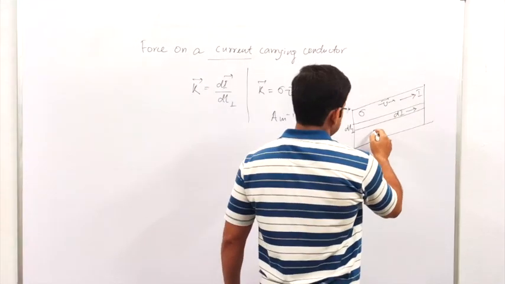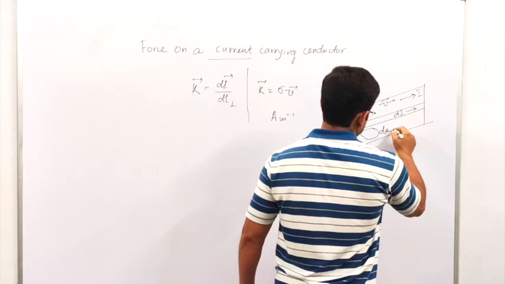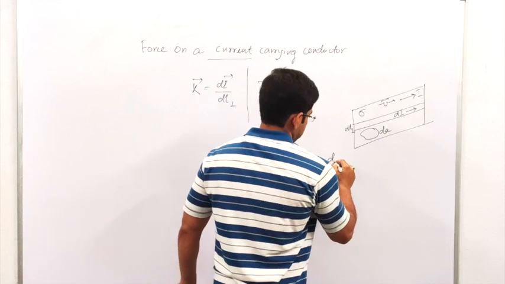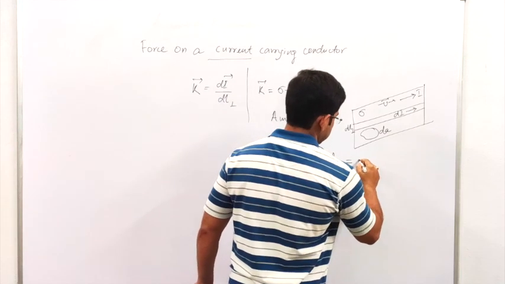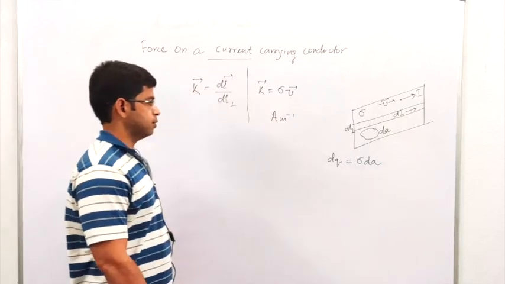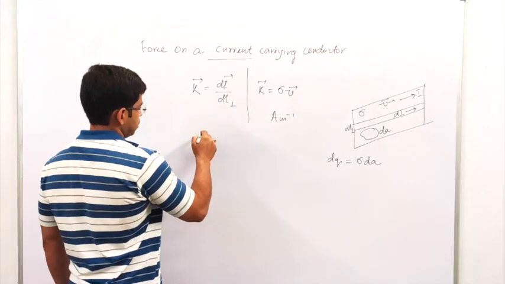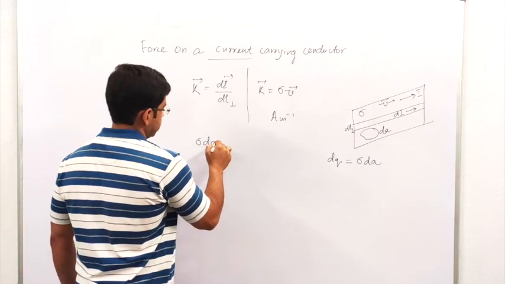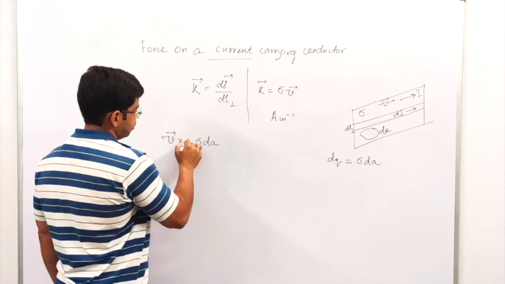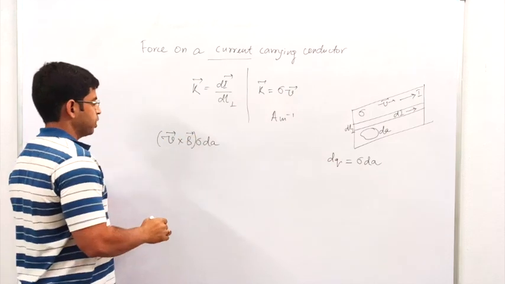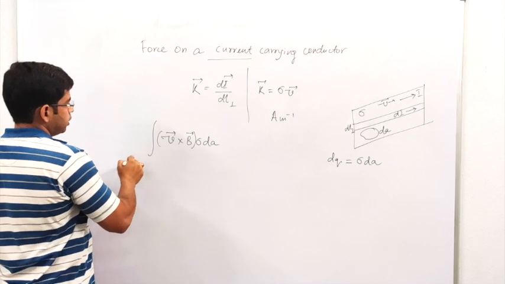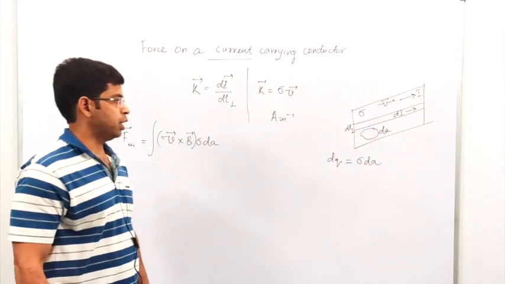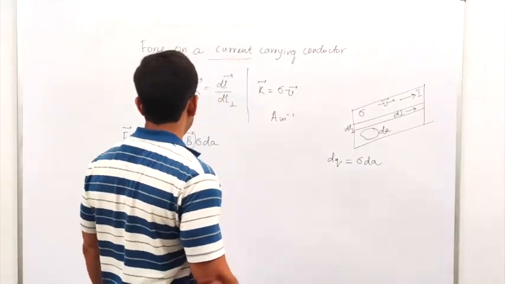Now, let us consider an elemental area dA within this two-dimensional sheet. So, the charge in this elemental area will be sigma dA. So, the force acting on this elemental charge will be sigma dA multiplied by v cross B. Integral of this one will be the total magnetic force acting on the current flowing through the two-dimensional sheet.